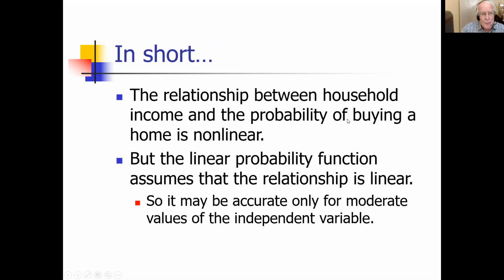To sum it up, it is most likely that the relationship between income and the probability of purchasing a home is non-linear, whereas, as its name would suggest, the linear probability function assumes a linear relationship.